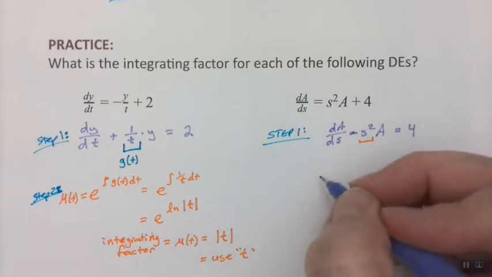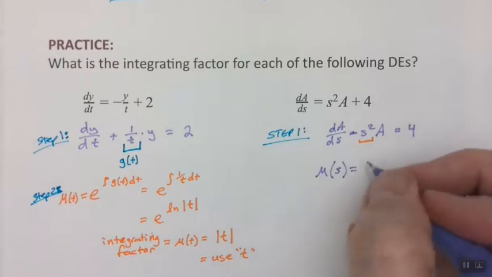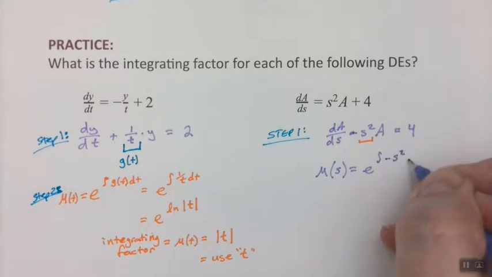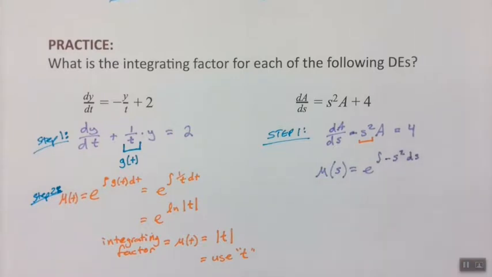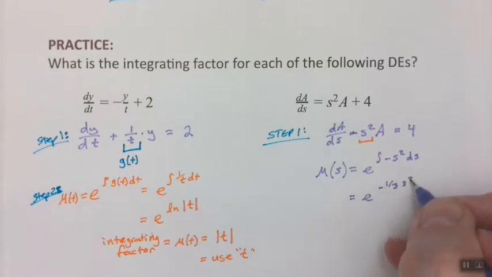And so my integrating factor, mu, in this case of s, is going to be e to the integral of g, which in this case is negative s squared ds. And so I just have to do a little bit of calc. It's basically calc 1, and I have e to the power negative 1/3 s cubed.